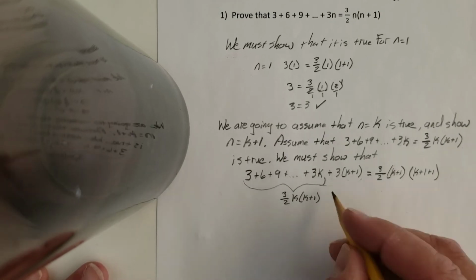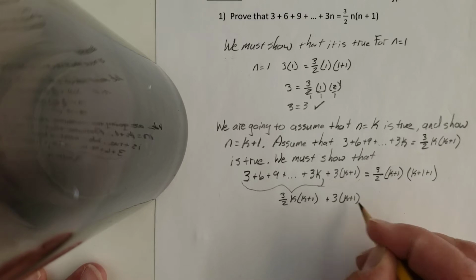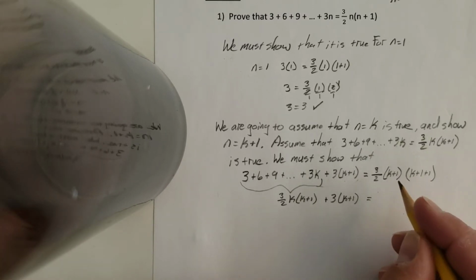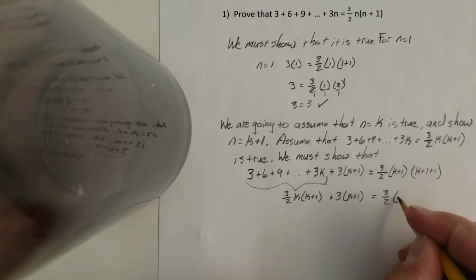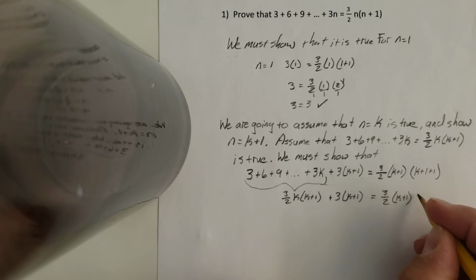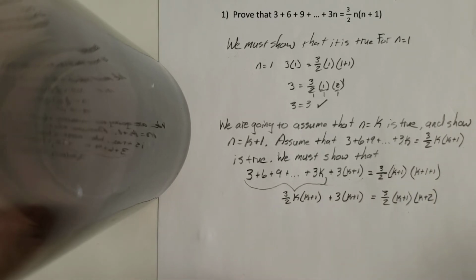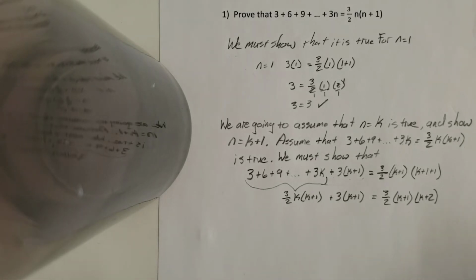So we have that plus 3 times k plus 1 has to equal 3/2 times k plus 1, and I'm just going to go to k plus 2 there. Is everybody following along, I hope?